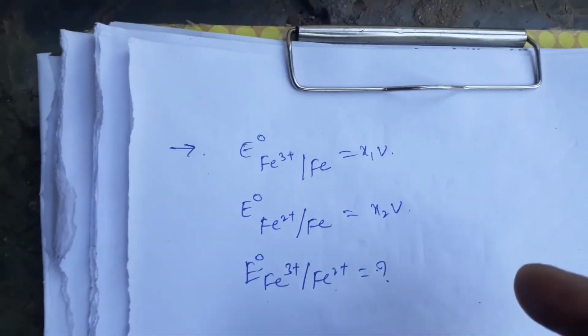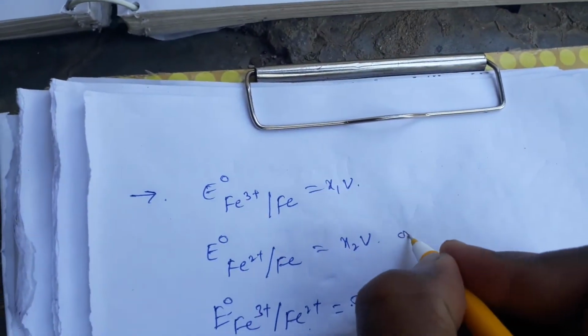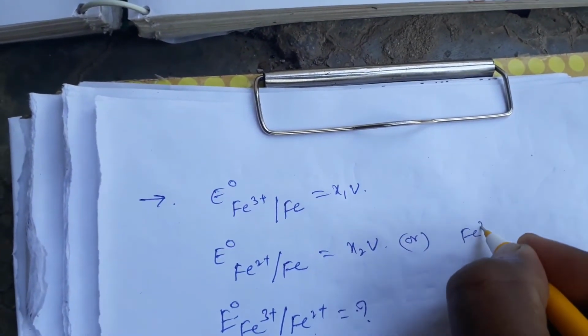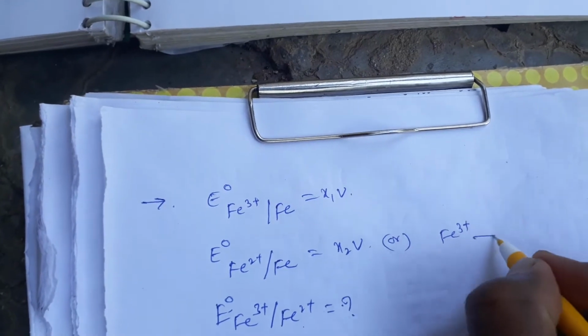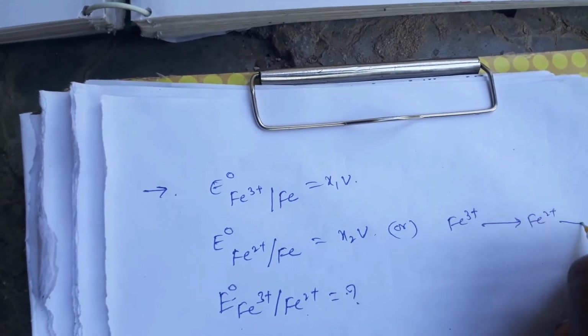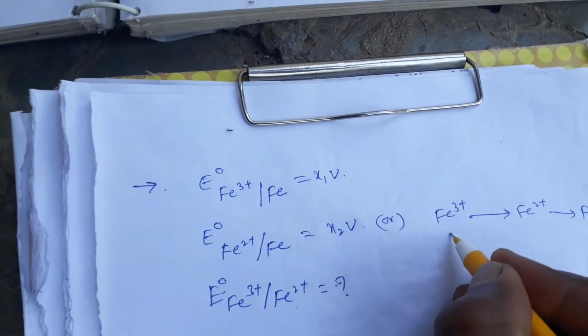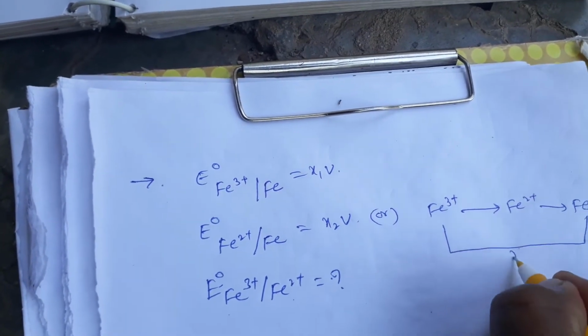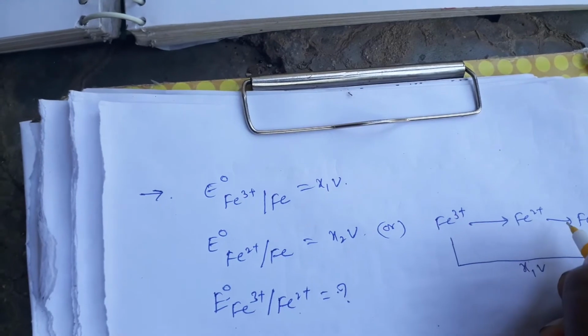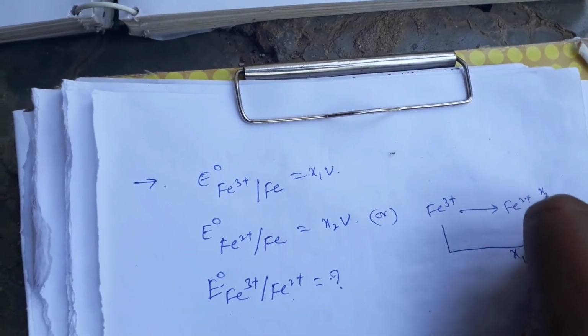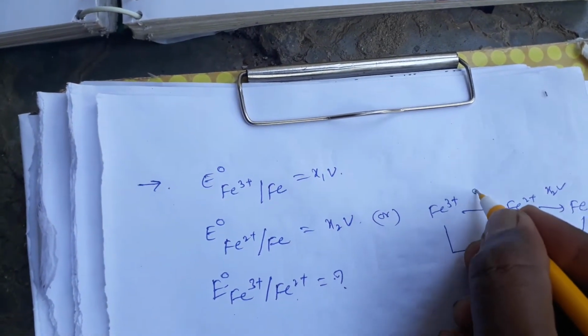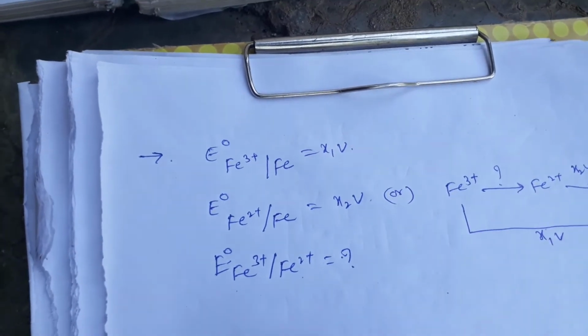If I ask it like this, iron 3+ to iron 2+ to iron, from 3+ to Fe it is x1 volt, and from 2+ to Fe this is x2 volt. Then what about the Fe3+ to Fe2+?